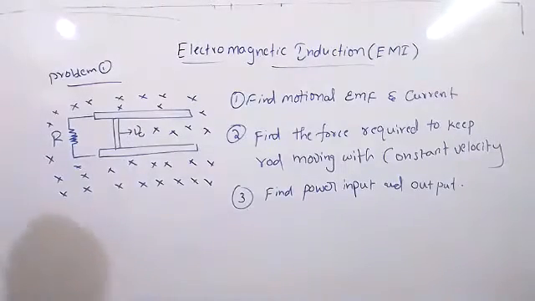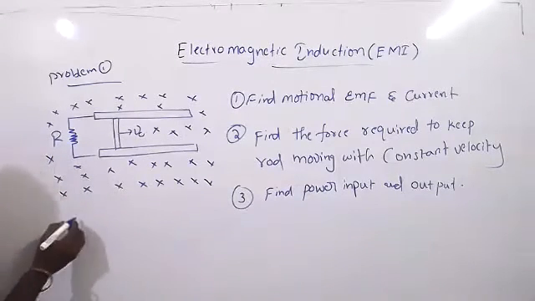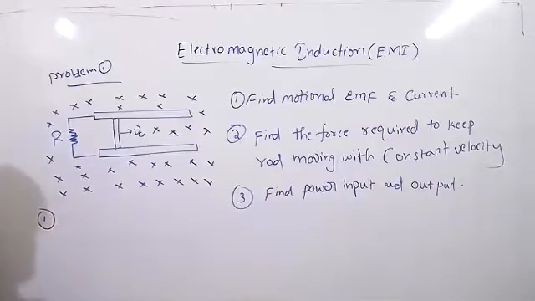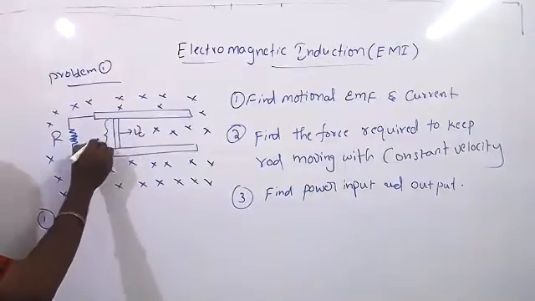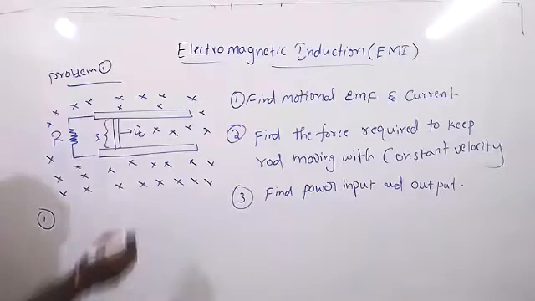Let's see. Find the EMF and current in the rod. What is the EMF here? The length of the rod is L, moving with velocity V naught.